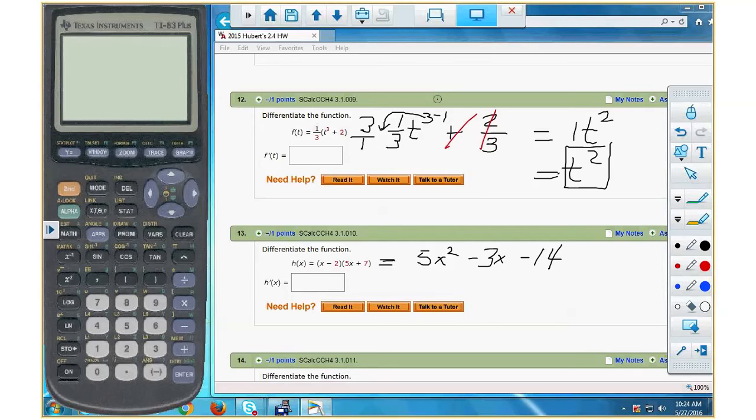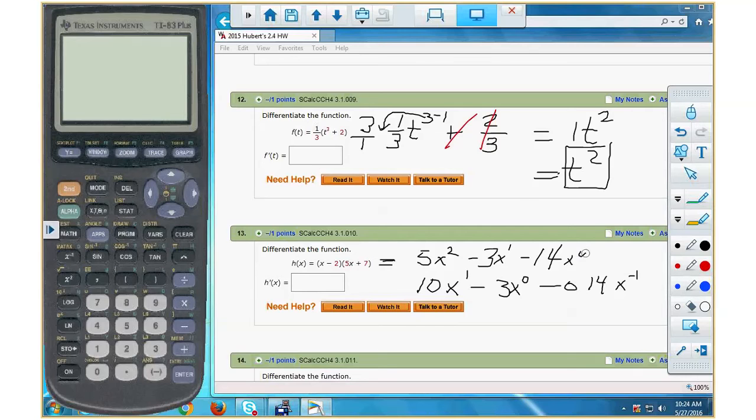Now you have the same thing that you had up higher. You got a trinomial, you just do each one. So 2 times 5 is 10, x to the first, minus, this is 1 right here. 1 times 3 is 3, and that's x to the 0. And then minus 0 times 14, x to the negative 1, because this is x to the 0.